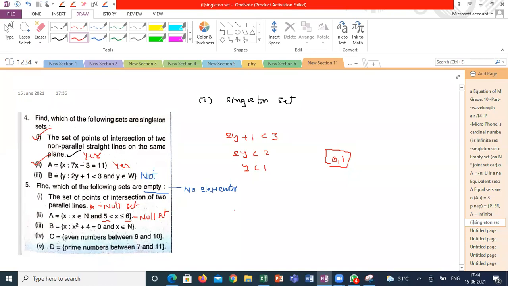No, null set is not a singleton set. If n(A) is 1, that is called a singleton set. If n(A) is 0, then it is called a null set. How can you say both are the same?